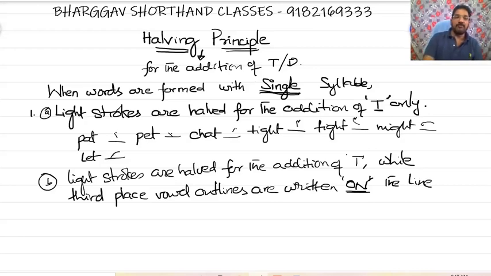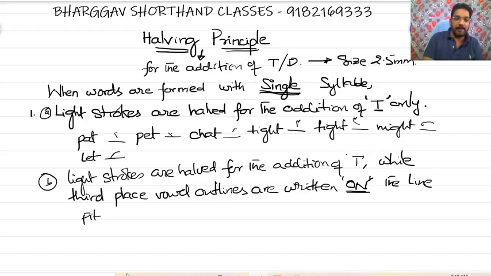Because the stroke size becomes 2.5 mm, and 2.5 mm cannot be identified through the line. So they are written on the line with a third place vowel.